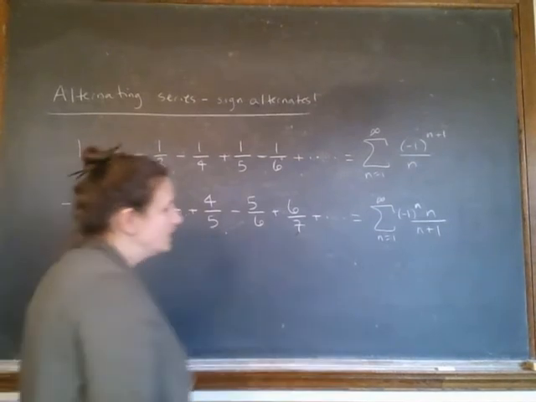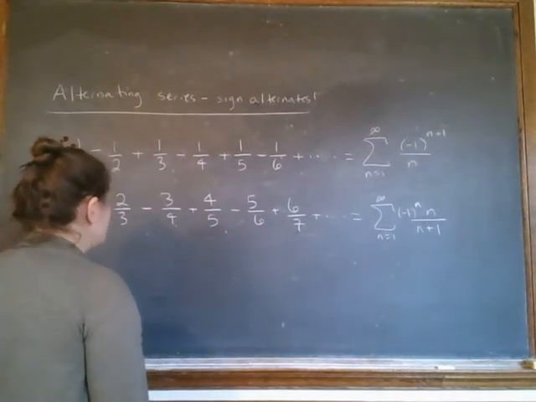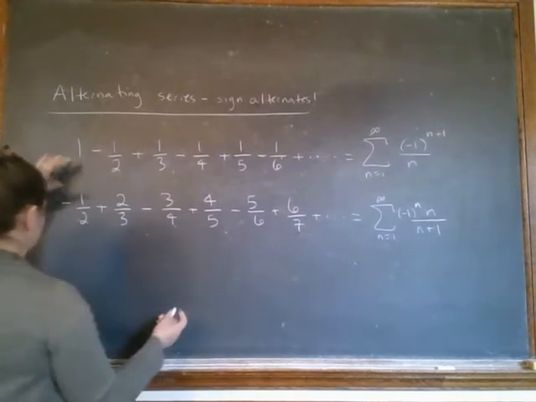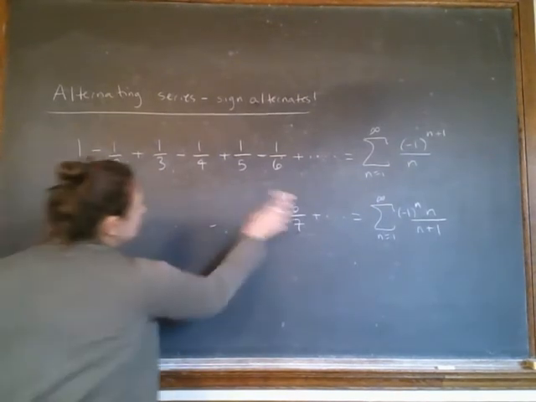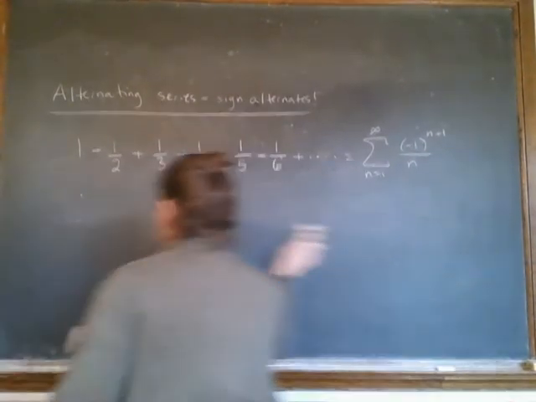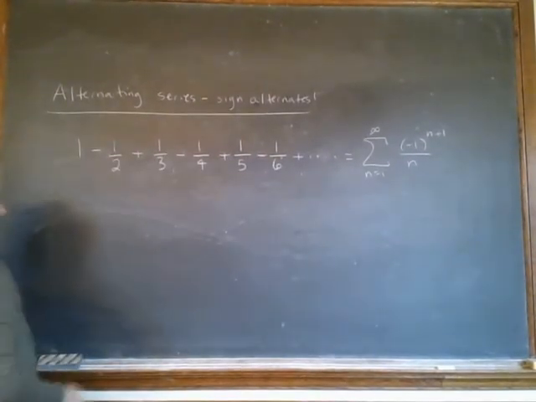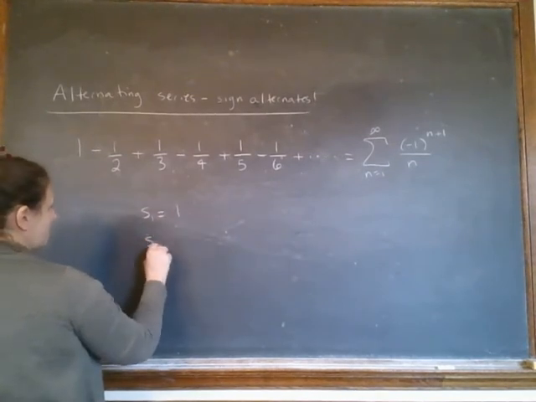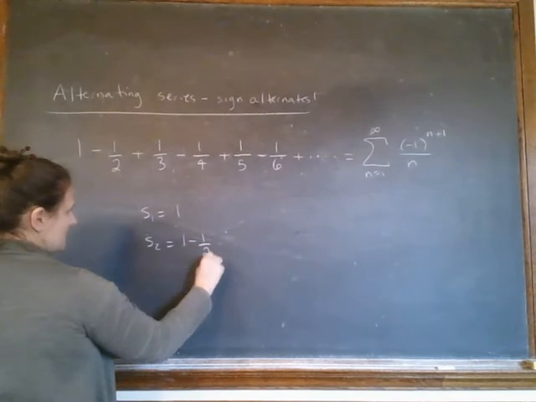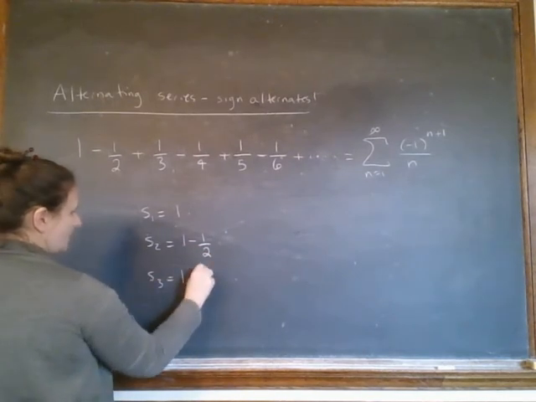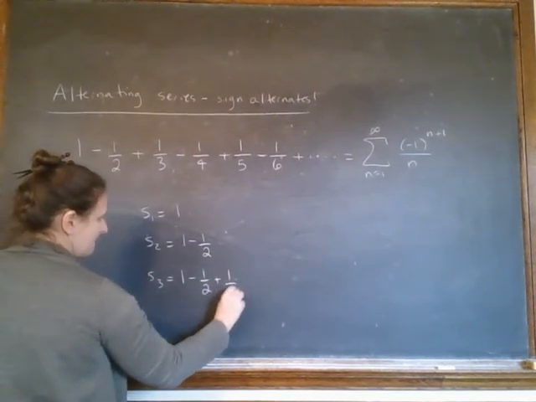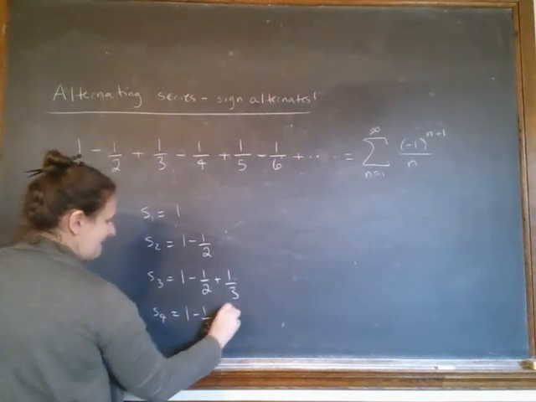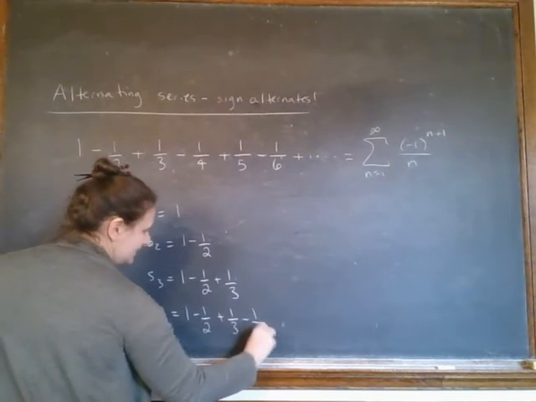Okay? So now if you just think about it, what is happening when I do these? Let's look at the first one, the alternating harmonic series. Each time I add something and then I subtract something.